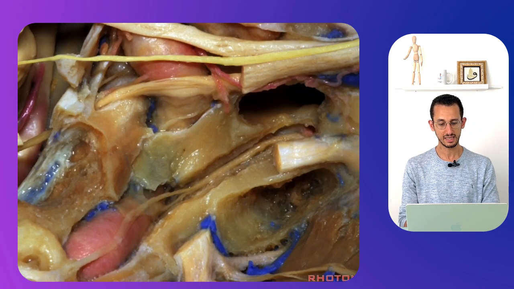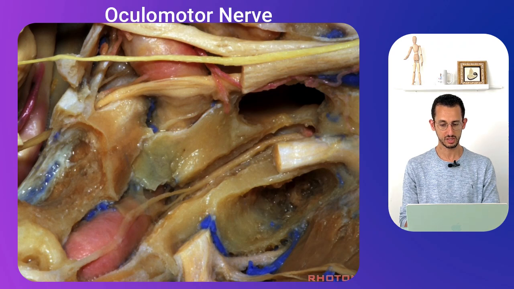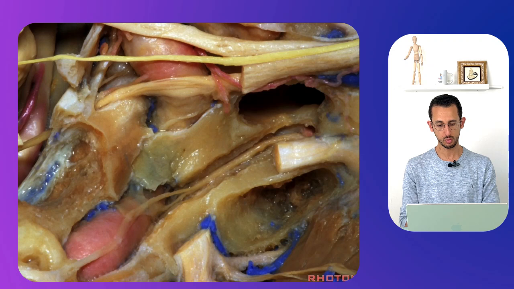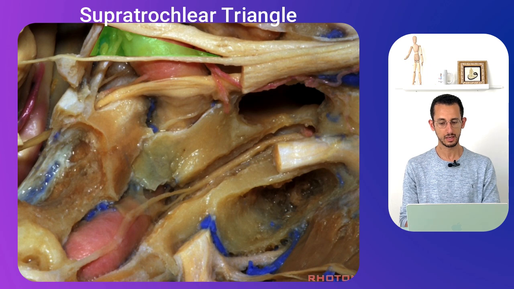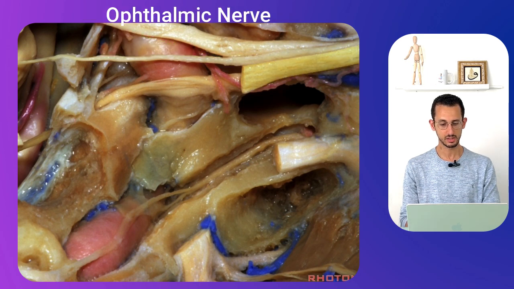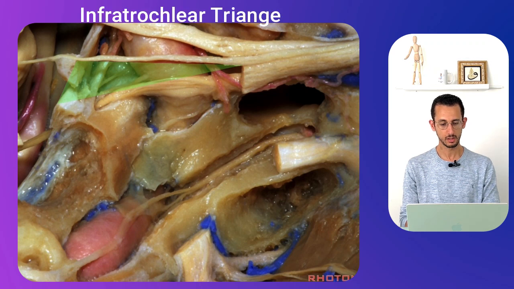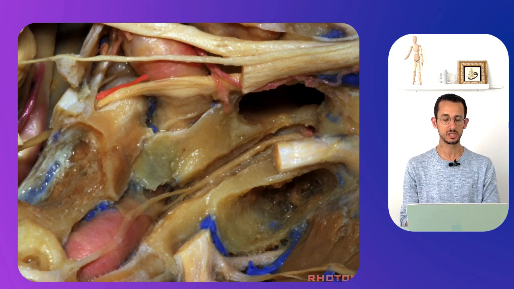Again, this trochlear nerve courses inferior to the oculomotor nerve, then goes superior to it. The angle between both, as we said before, between the trochlear and the oculomotor is called the supratrochlear triangle. And then the angle between the trochlear and the ophthalmic nerve defines the inferior infratrochlear triangle. In this triangle, you can see the dorsal meningeal artery.